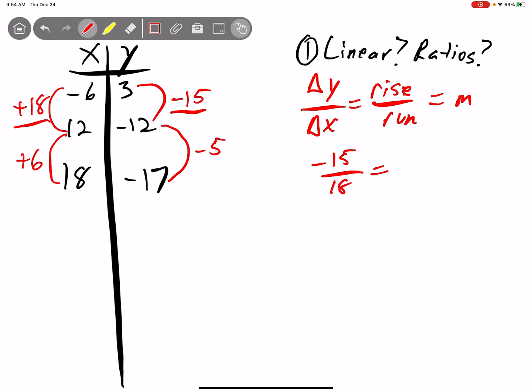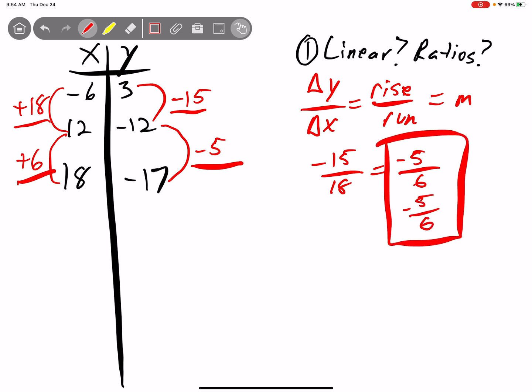This reduces by 3. -15 divided by 3 is -5. 18 divided by 3 is 6. And the second one is -5 over 6. Well, guess what? -5 over 6. These are the same. This checks.